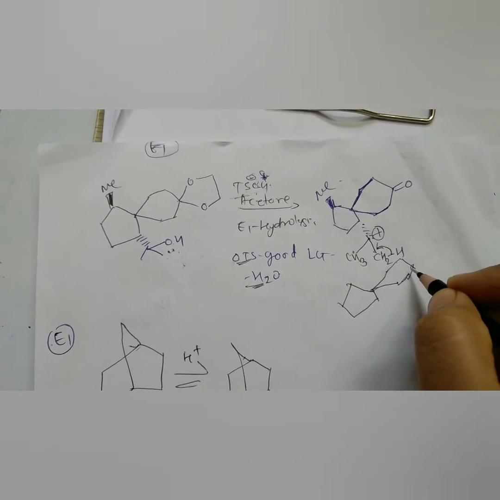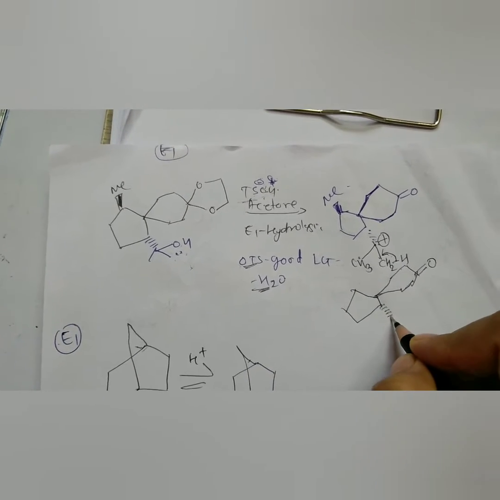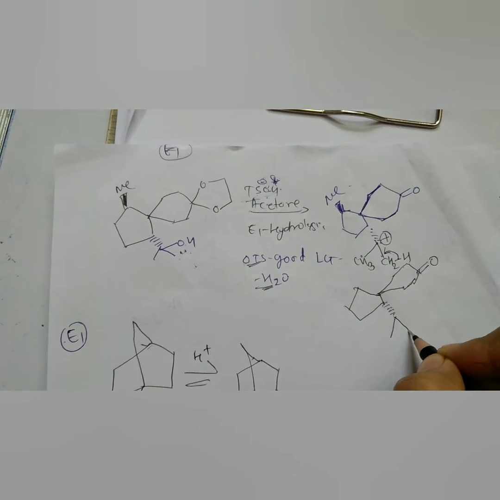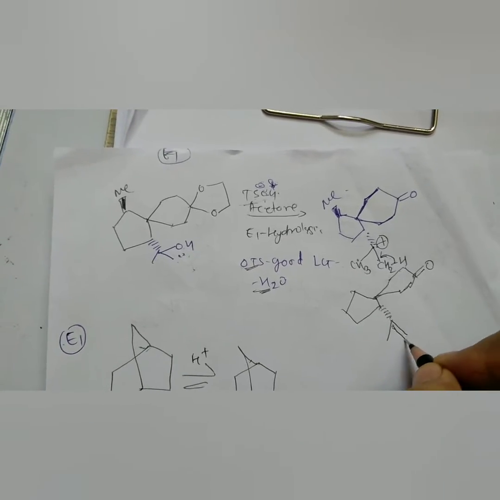This is a 6-membered ring, and there is no stereochemical change here. After the shifting of bonds, what do we get? An alkene. A less substituted alkene will form.